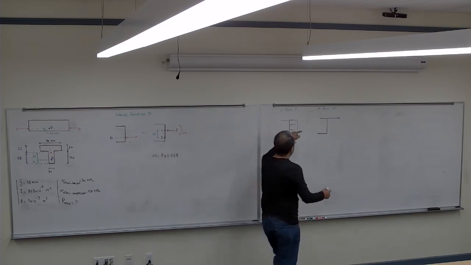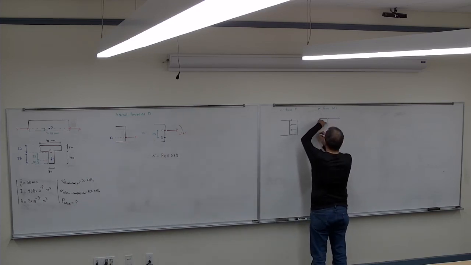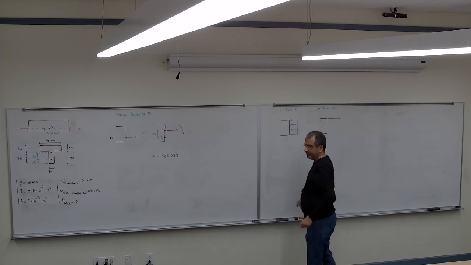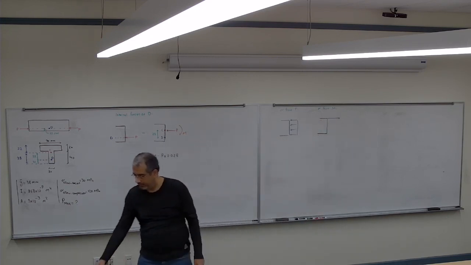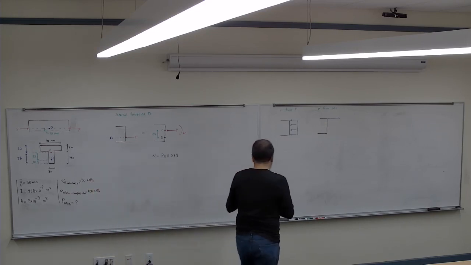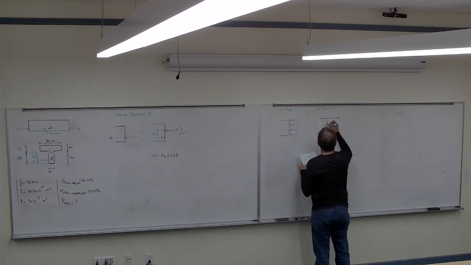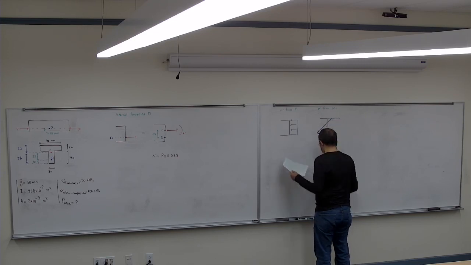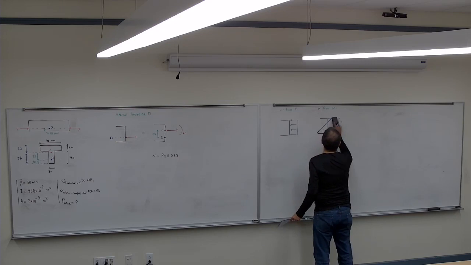So if the centroid is there, it's going through the center. The centroid is there, going through the centroid. It's going to look like this. It passes through the centroid.